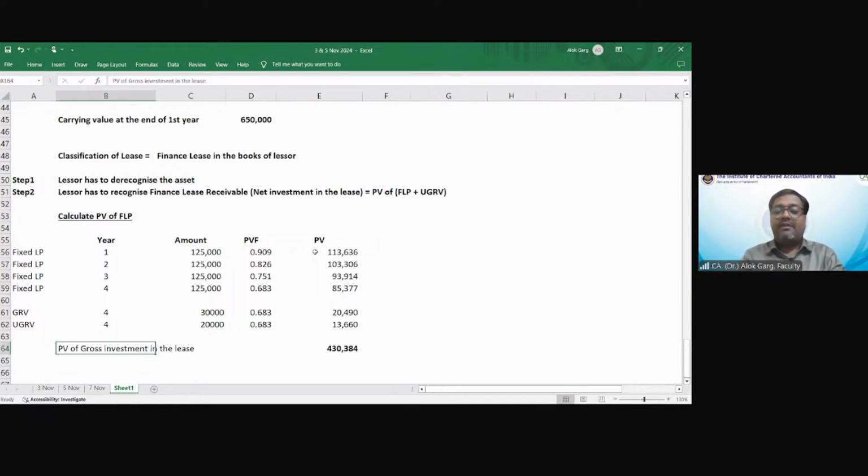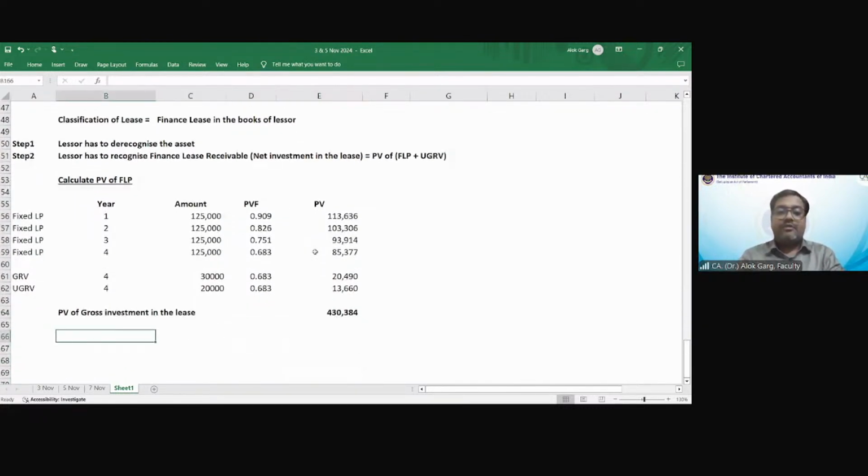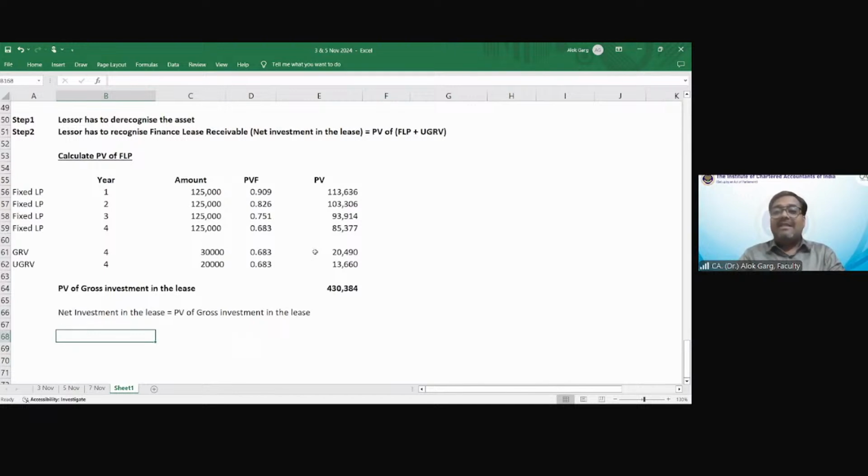It is 430,384, right? जब हम gross investment in the lease को discount कर देते हैं, net investment in the lease is equal to PV of gross investment in the lease. So this is my finance lease receivable. This is my net investment in the lease.